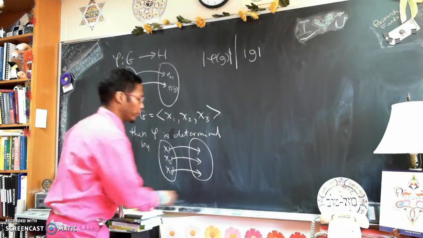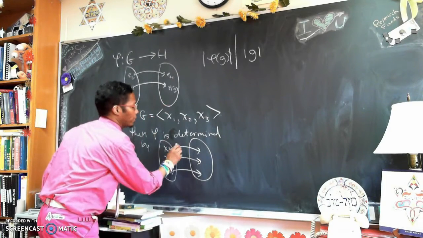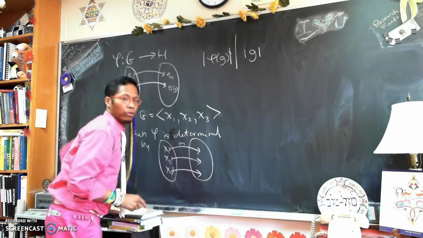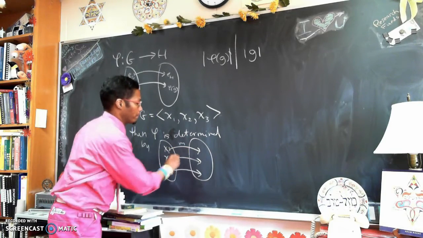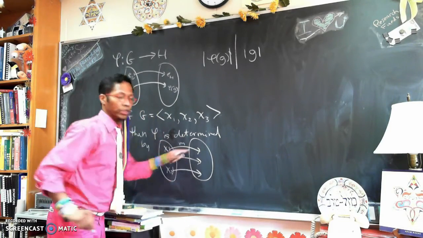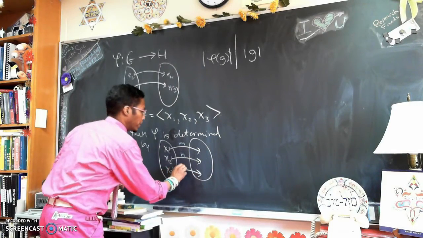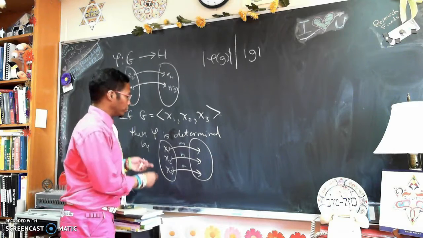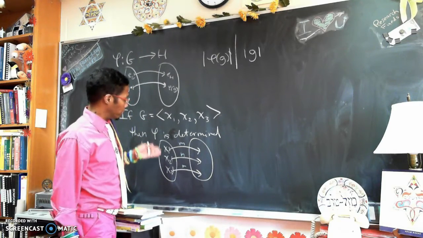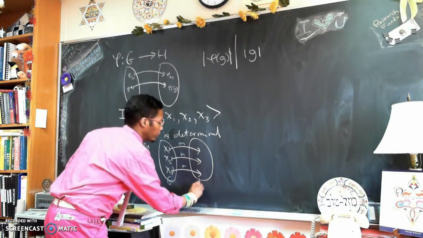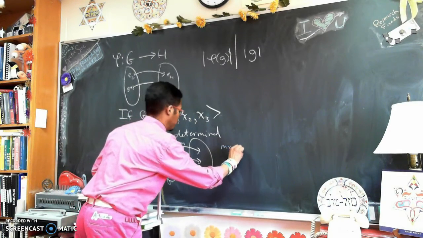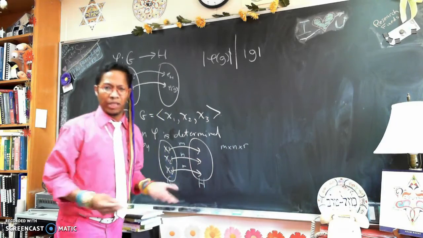So now let's say, for instance, that there are m possible choices for where x1 can go, n possible choices for where x2 can go, and r possible choices for where x3 can go. So the total number of homomorphisms from a group G to a group H is m times n times r, just by the multiplication principle of counting.